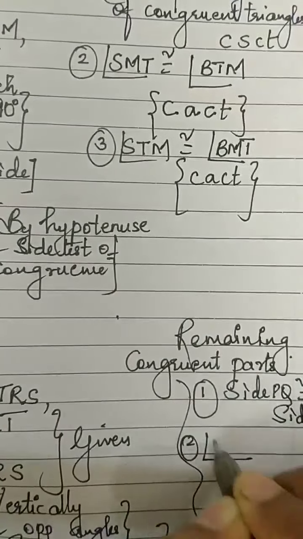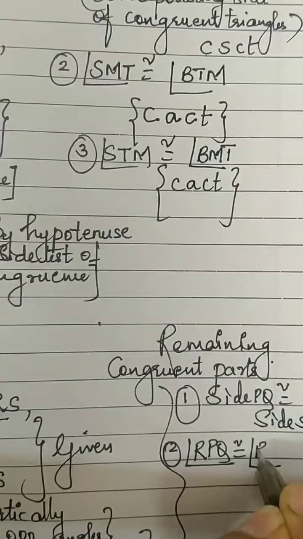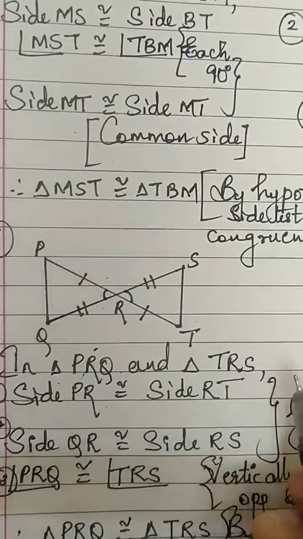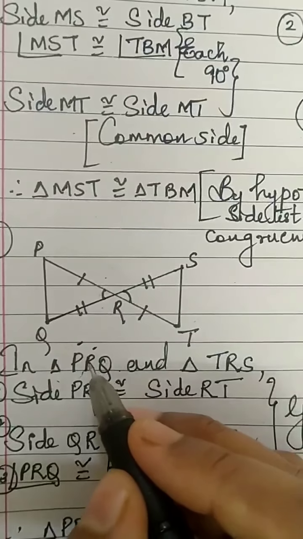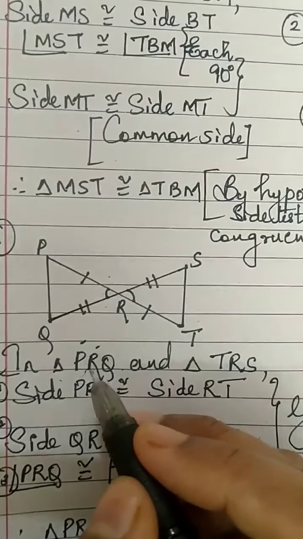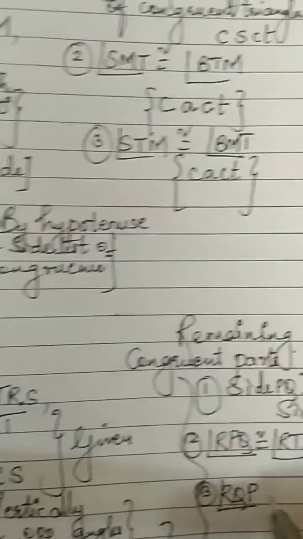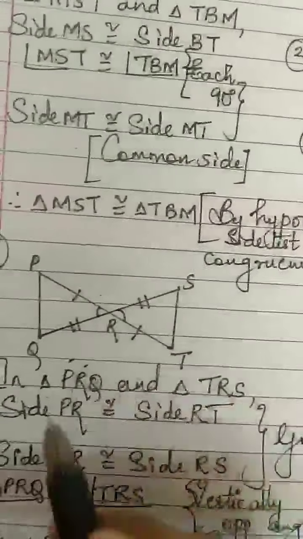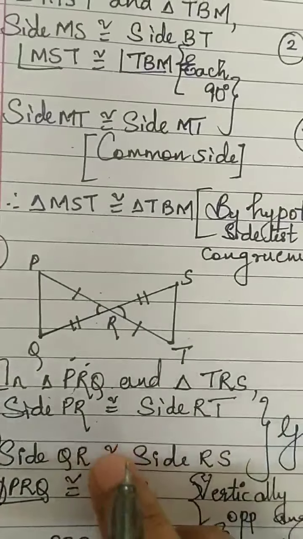So P also done. Now Q should come in the center. RQP, RST. Third, angle RQP congruent to angle RST. Just look at the name and you can write down the remaining congruent parts.